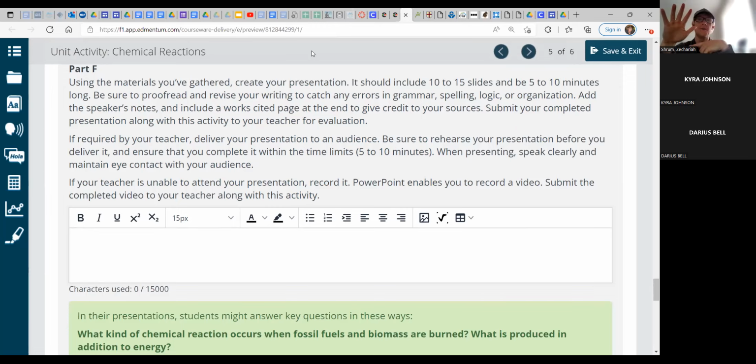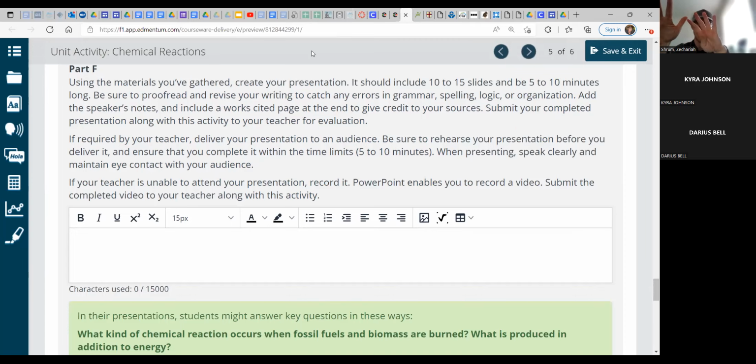And then you're talking about biomass, and you're comparing biomass to fossil fuels, comparing biomass to alternative energy resources as well, the renewables like solar, hydropower, wind, geothermal. And then you can also talk about the pros and cons of each energy source.